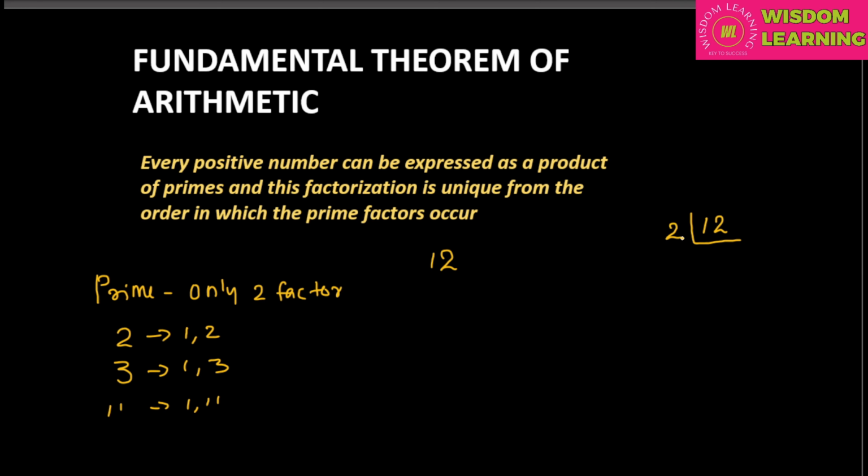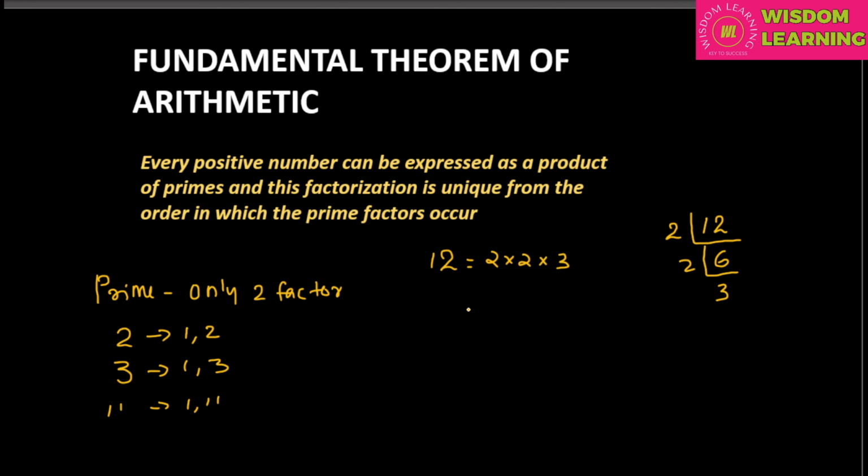12 divided by 2 is 6. Again we divide by 2: 6 divided by 2 is equal to 3. So we can write 12 as a product of prime numbers, that is 2 into 2 into 3.